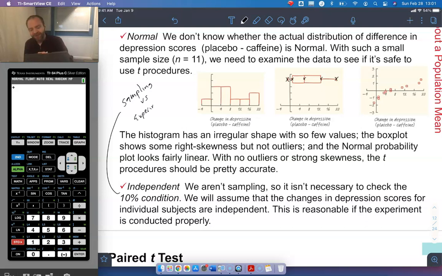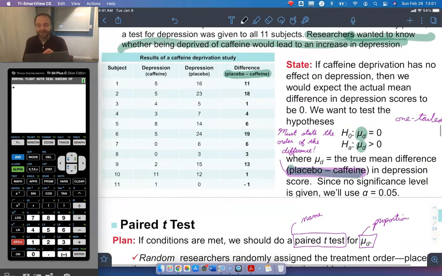Because how you respond in this independent is different, which is why it's really important to read what you're given and what's going on. This was an experiment with the placebo and with the caffeine pill. So we can assume the changes in depression scores for the individual subjects are independent of each other. That means this person's change will not affect this person's change or this person's change. The change in depression, I like my coffee in the afternoon.